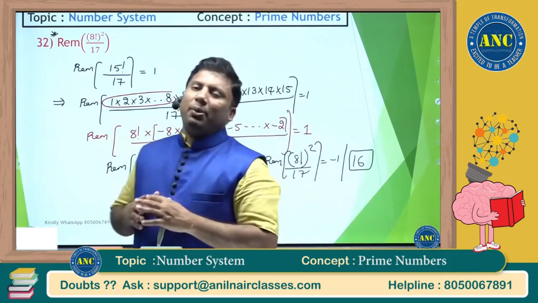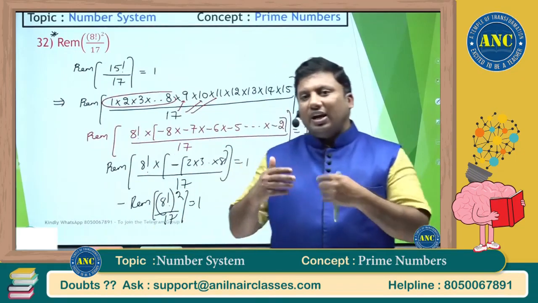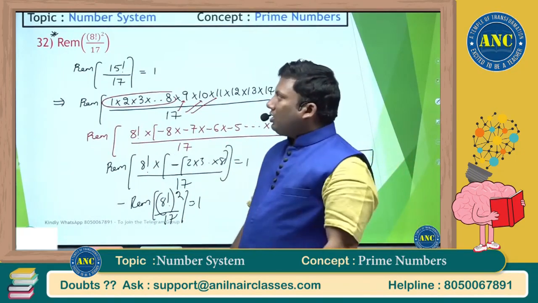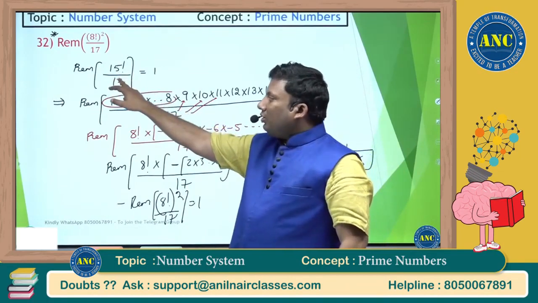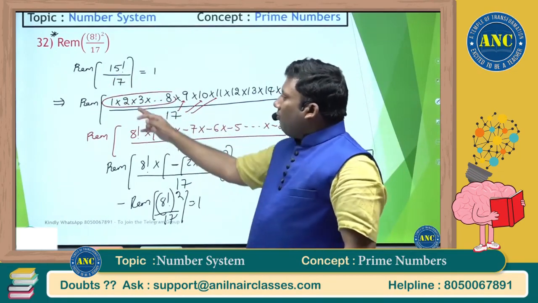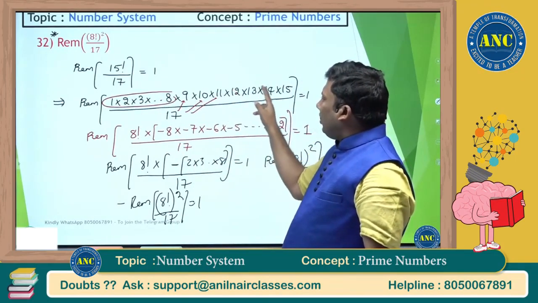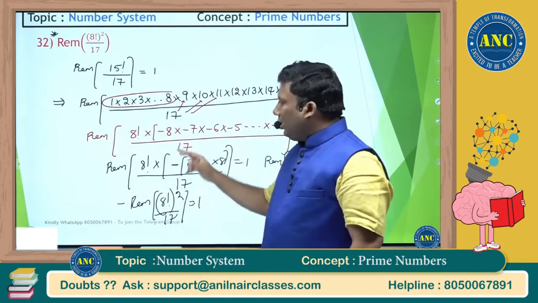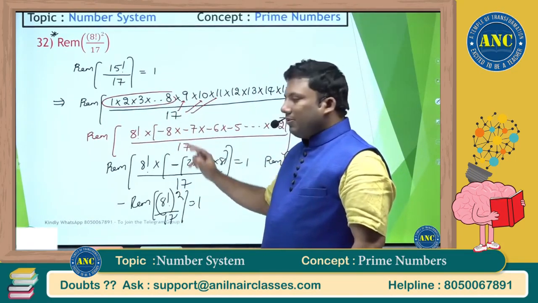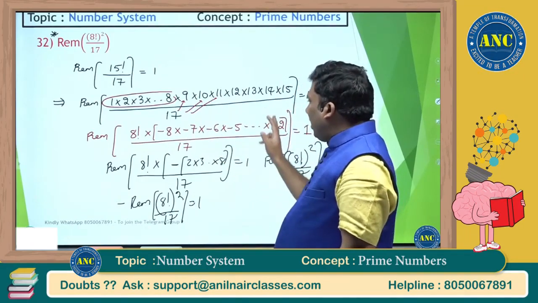Instead of asking p minus 2 factorial by p, he is trying to give a derived version of p minus 2 factorial by p. 15 factorial by 17, it is 1. 1 into 2 into 3 till 8, 9, 10, 11, 12 till 15. 1 into 8 is 8 factorial. 17 ones are 17, minus 8, minus 7, minus 6, minus 2.